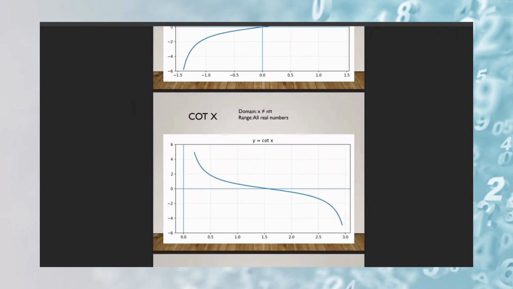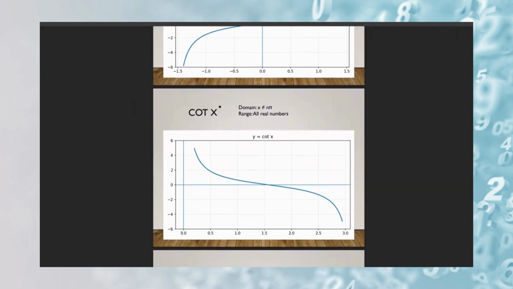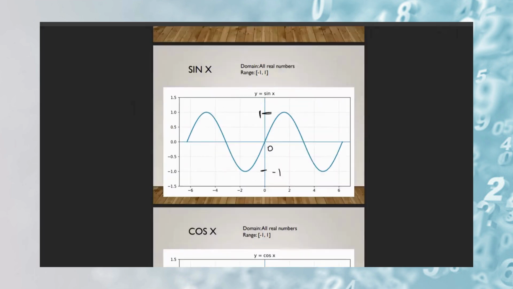When we talk about cot x, we know that cot x is equal to cos x upon sin x, right? Now, when we are talking about cos x upon sin x, denominator we have sin x. So what value give me sin x as 0? Let's go back to sine function.